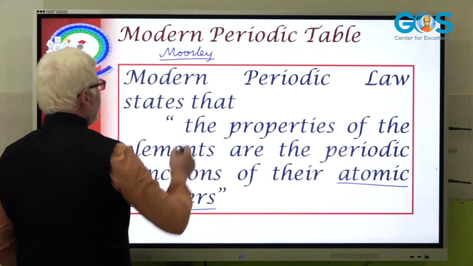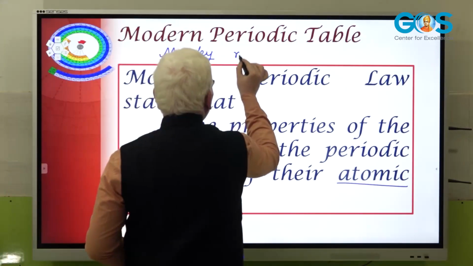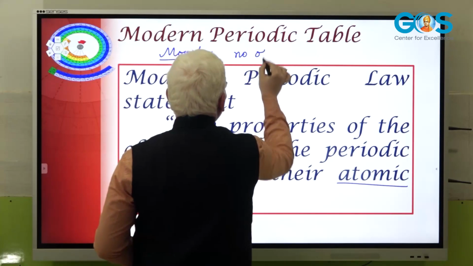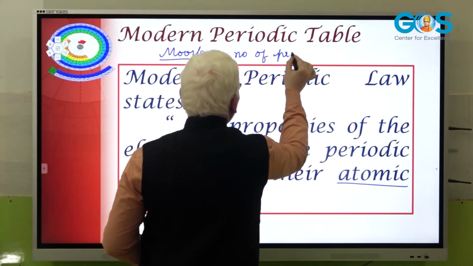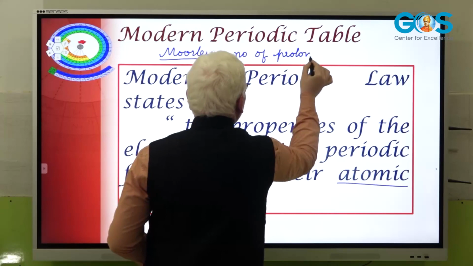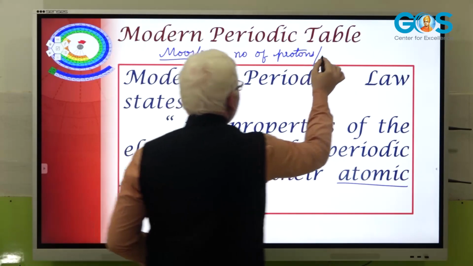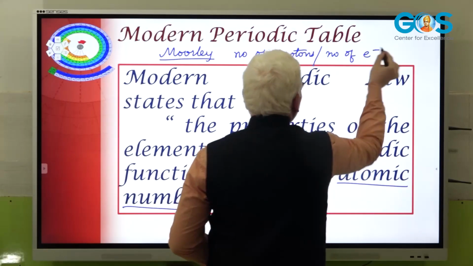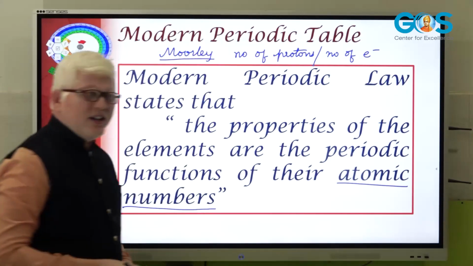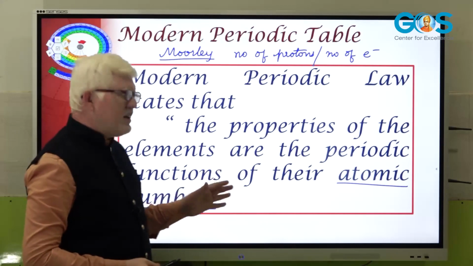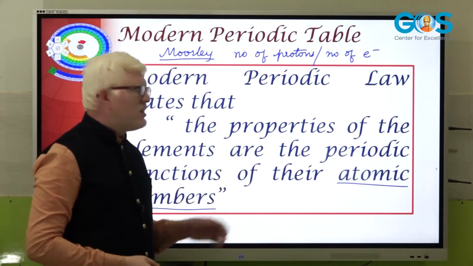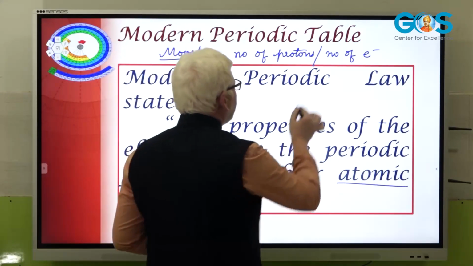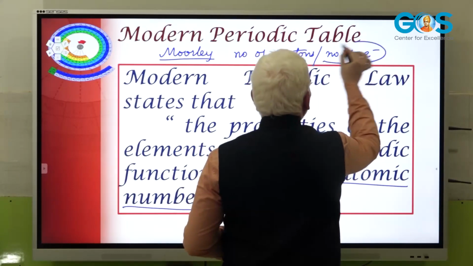Atomic number represents the number of protons or the number of electrons. It means indirectly we can say that the modern periodic classification is based on the number of electrons.